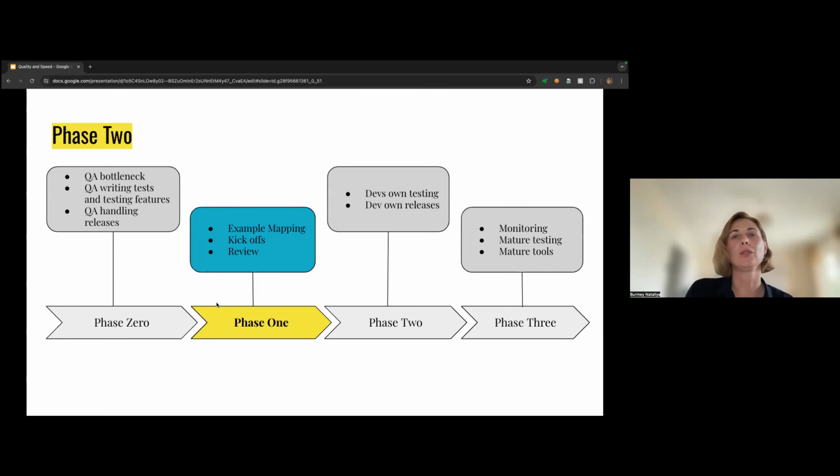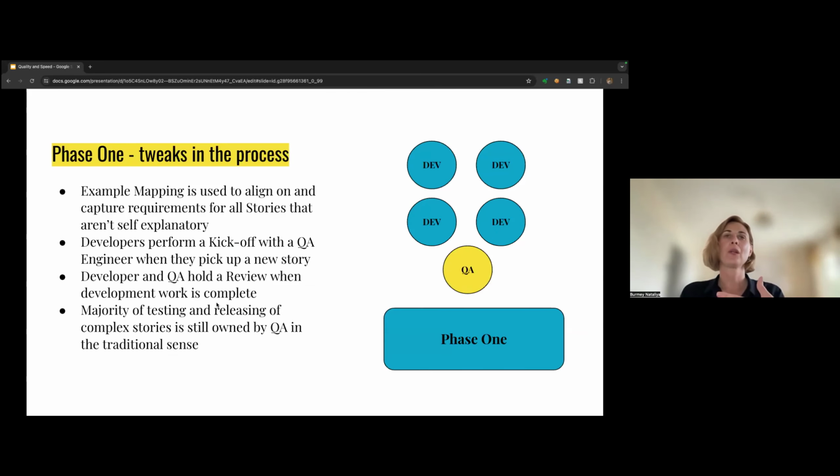On phase 1, we introduced a couple of things that would help the team to be more collaborative, right? We had example mapping, which you might think is like a 3 amigos session, but we do it with the whole team. We discussed requirements a lot, and how we test. A very simple question that makes teams stop when I ask is, so how are we going to test this feature?